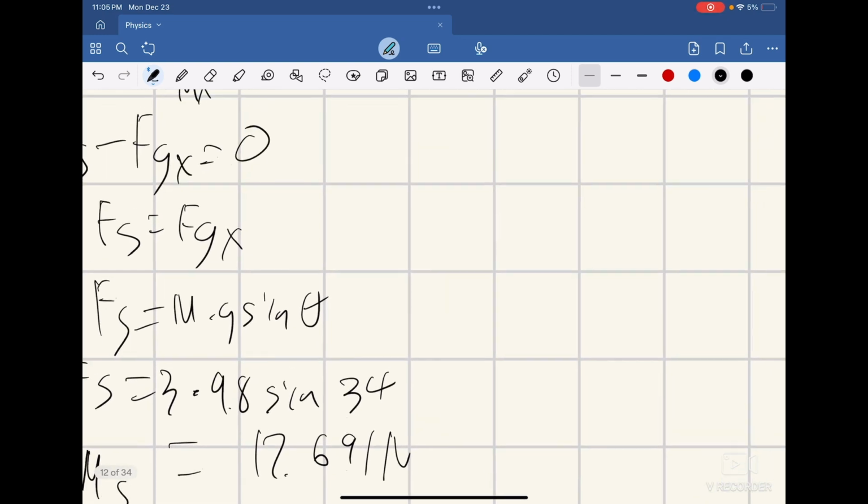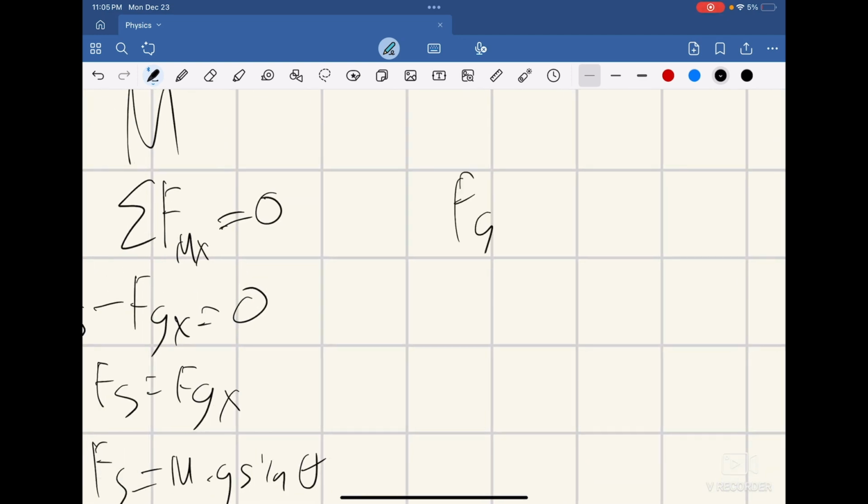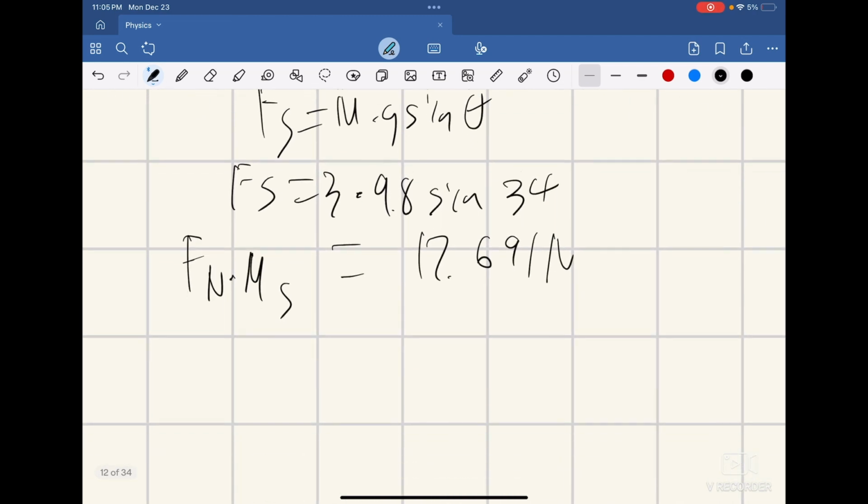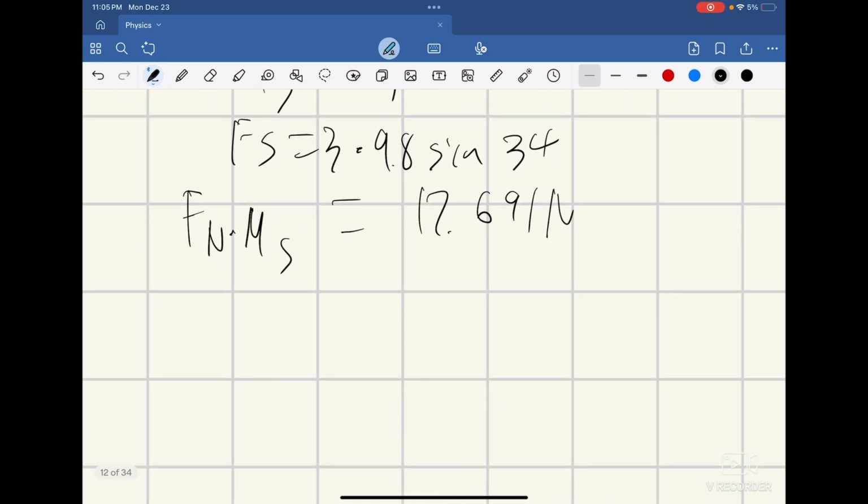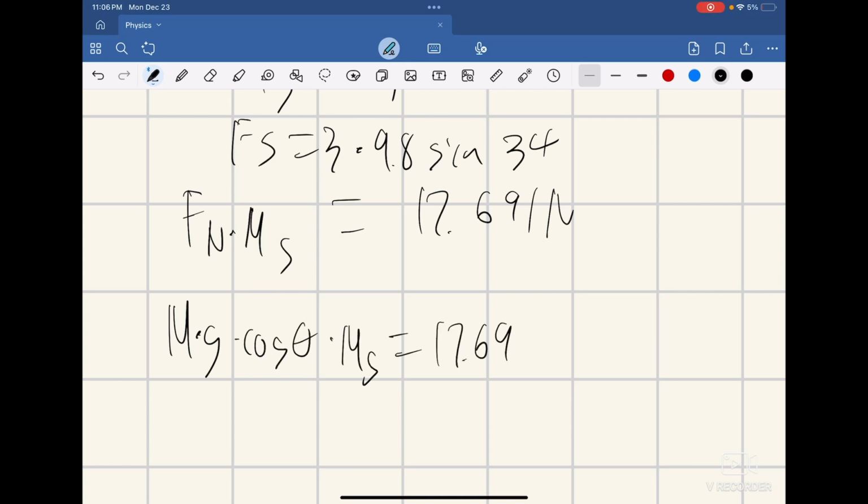F_n is just given by F_gy, because F_gy and F_n are the only two y-axis values, right? So F_gy is equal to F_n. And what do you know about F_gy? It is big M times gravity times cosine theta times mu s, which is equal to 17.69 newtons.